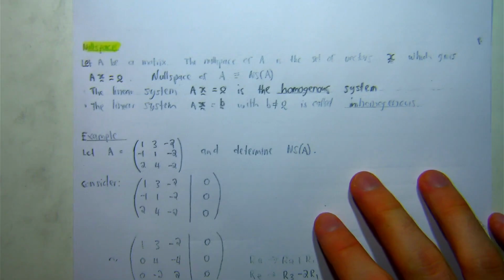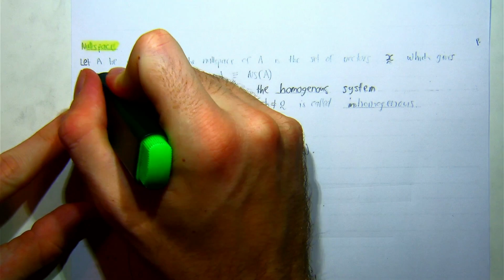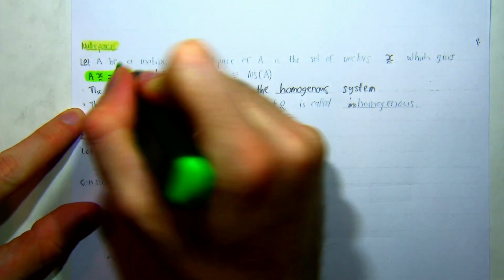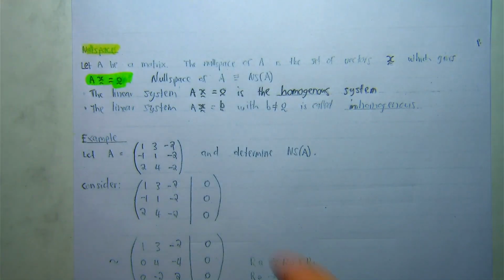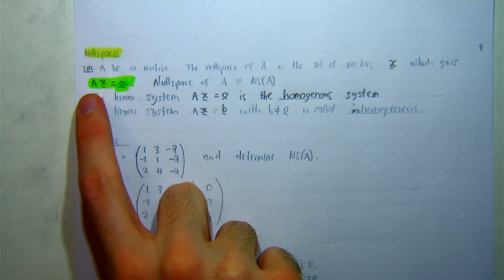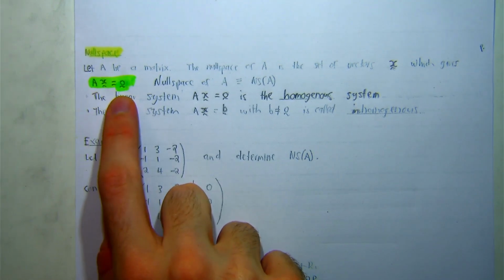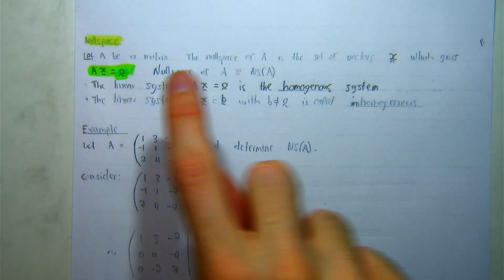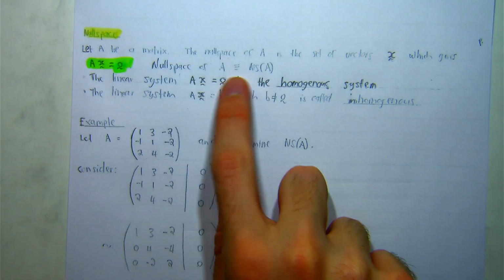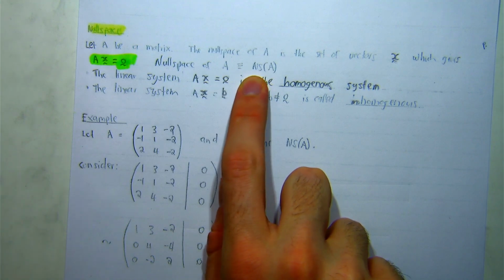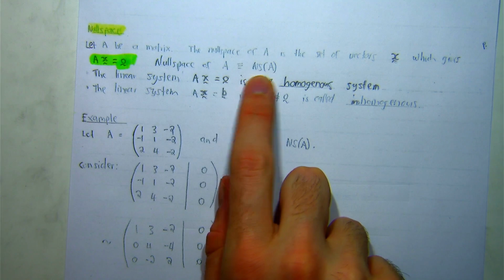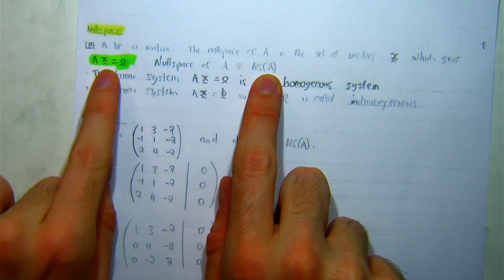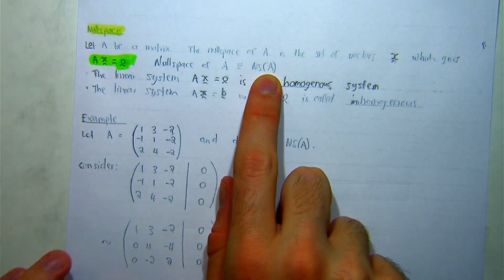So we're wanting to know every possible vector X that when you multiply A with X, you get 0. And this set of vectors that achieve this is equal to the null space of A. We define that in our symbols as ns of A. So the null space of A is equal to the set of vectors X that achieve this.